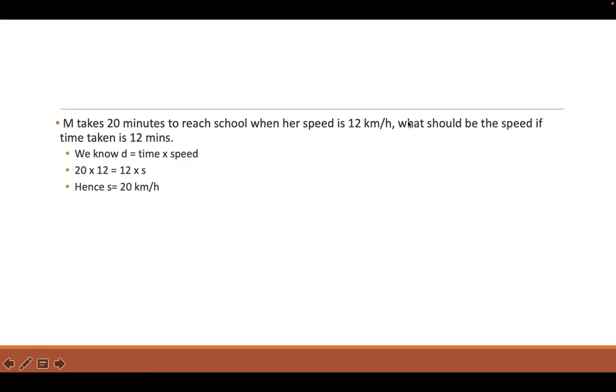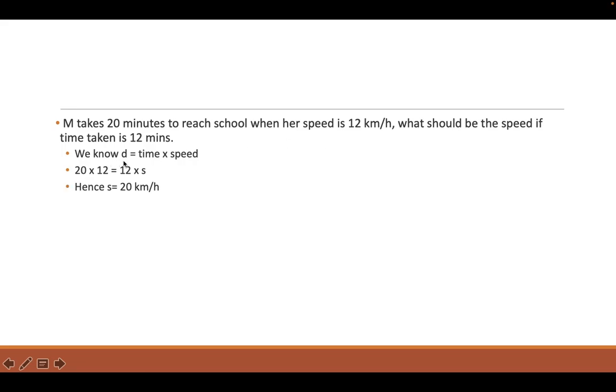What should be the speed if time taken is 12 minutes? Whatever distance is same. So when speed is 12, time taken is 20. Now if he wants to take 12 minutes, how much should the speed be?